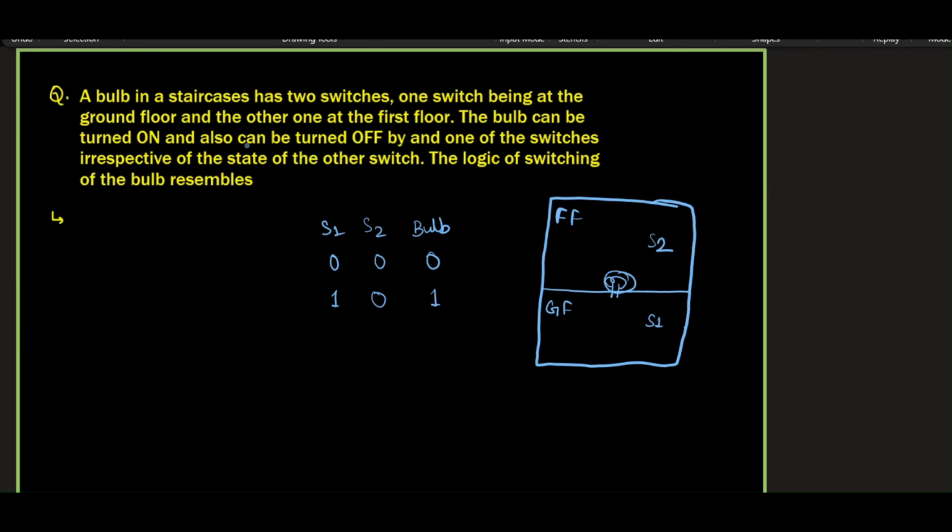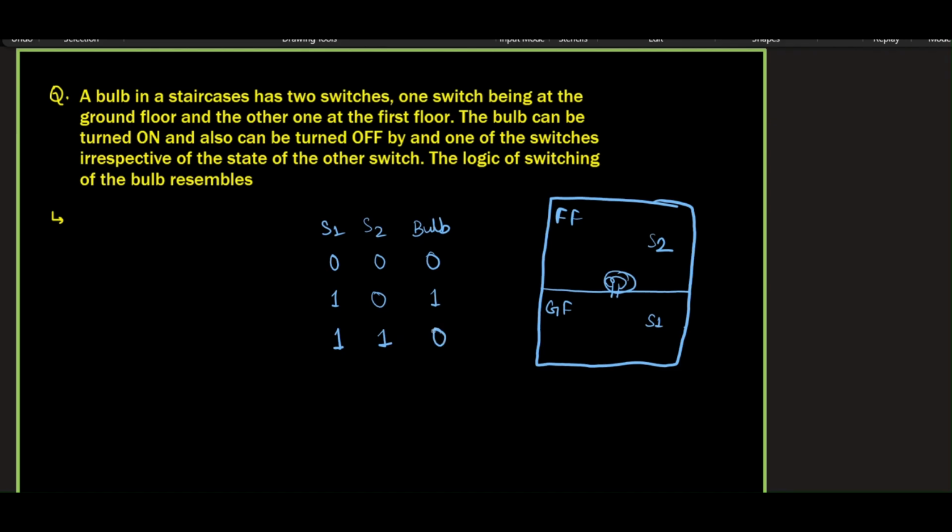The bulb can be turned on and also turned off by any of the switch positions. Now again, suppose switch one was already in the on position. Then I climb the staircase and turn switch two. Then what will happen?